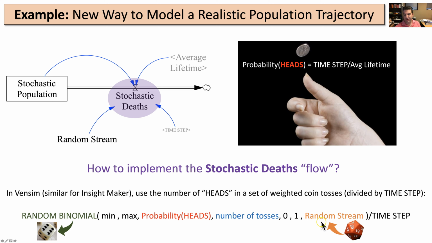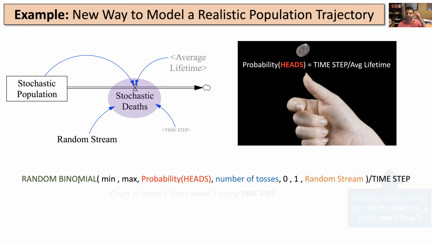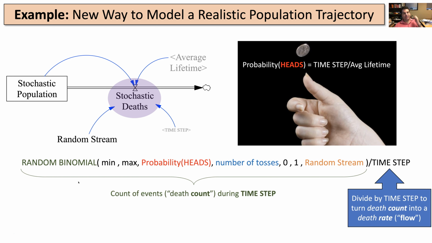And so we put a random stream into this Vensim function, and from that random stream, it will give us these random outcomes. Let's see what each of these parameters is. The first thing is we have to divide this random binomial by time step. This is one of the weird things we have to do to get a system dynamics modeling tool like Vensim to act like a discrete event system simulation tool.